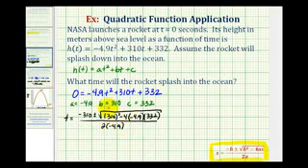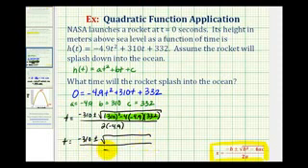Now we'll simplify this in pieces. We'll have t equals negative 310 plus or minus square root of the value of this expression here, which is the discriminant. We'll come back to that, divided by negative 9.8. So now we'll go to the calculator and determine the value of the discriminant, or this expression here.